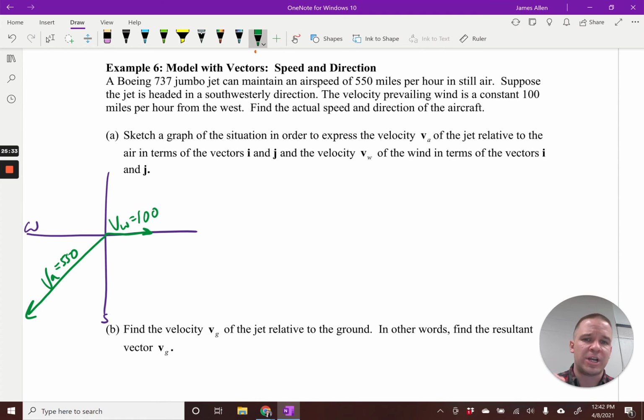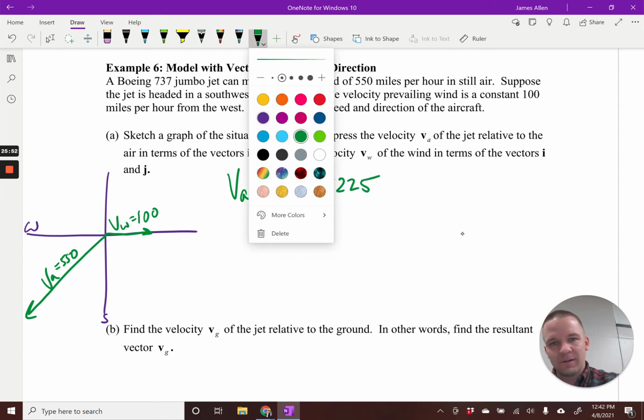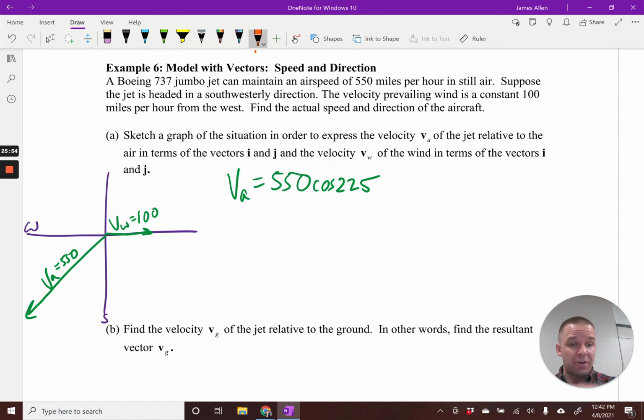And we want to use vectors in i hat, j hat, i and j. So let's do that. So the velocity of the aircraft, I'll start with that one. So I'd have 550 cosine of 225. How did I get 225? I took the southwest, which is 45, off of that west compass direction there.